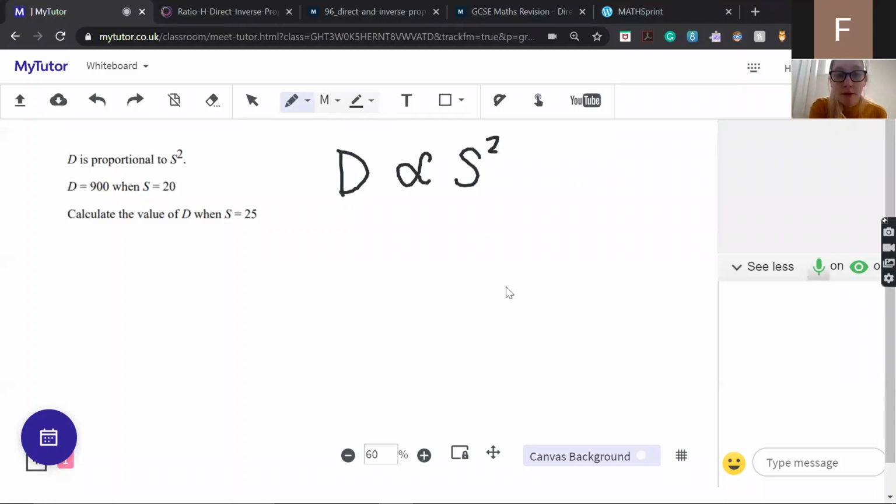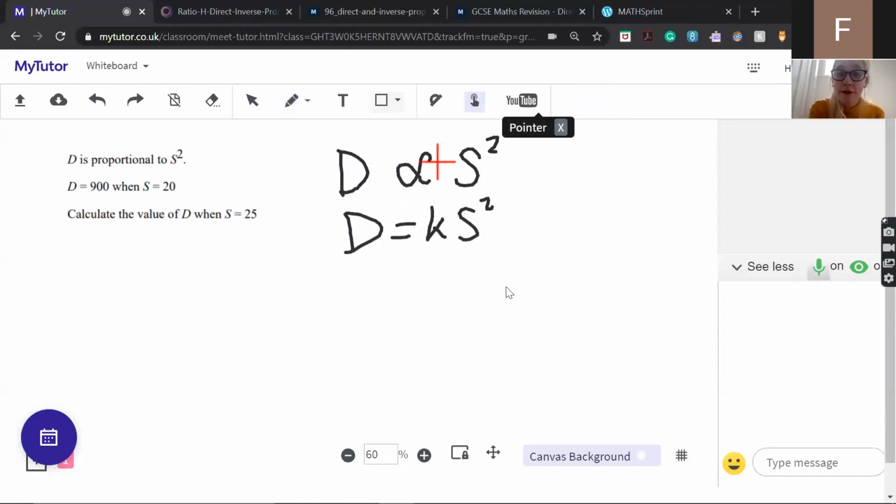And remember, we replace our funny fish symbol with equals K. And when we're thinking about the graph, remember that's just because it's y equals K S squared. You don't have to even do this step. If you understand straight away how to get to here, that's fine. I always find it useful because this almost reads like a sentence, right? D is proportional to S squared. And then you just replace this with equals K. I think it's just a way of remembering what it is you have to do.